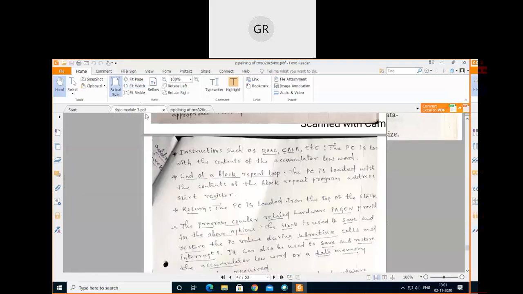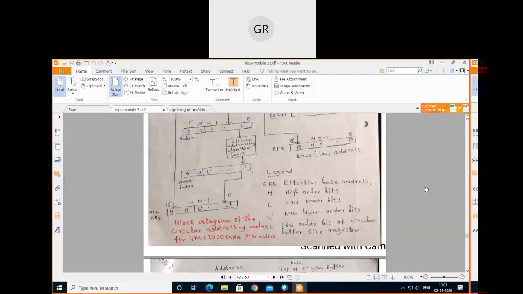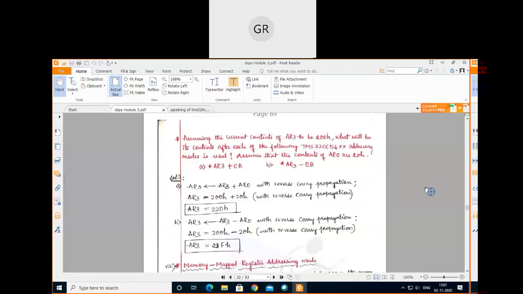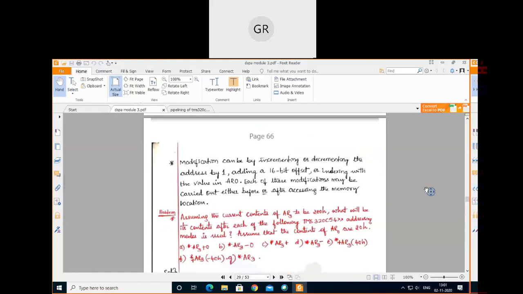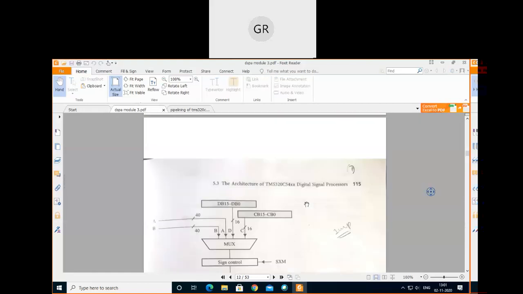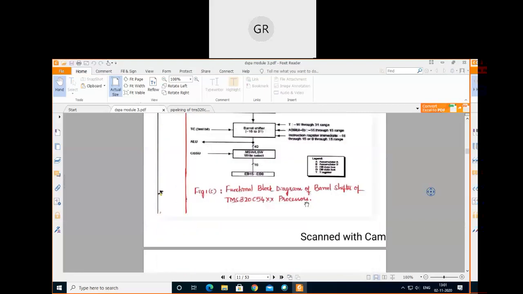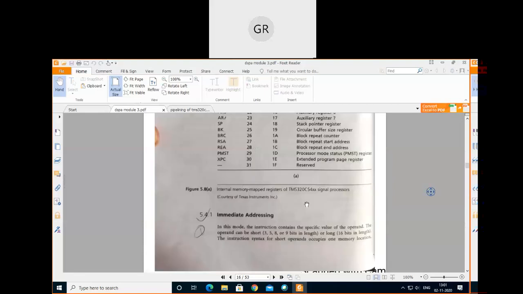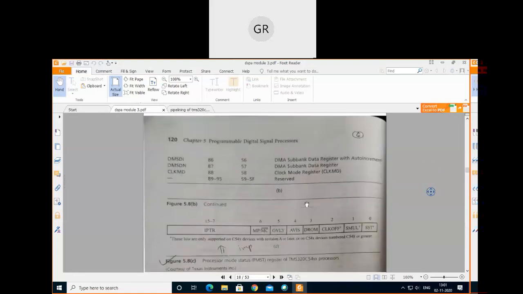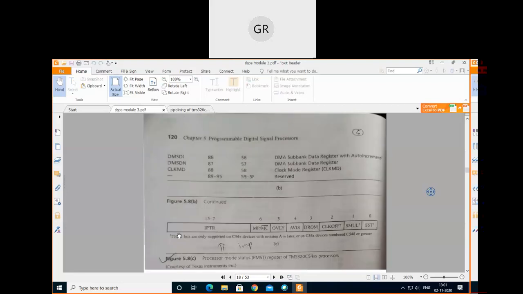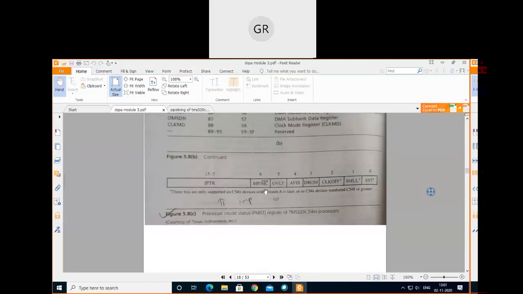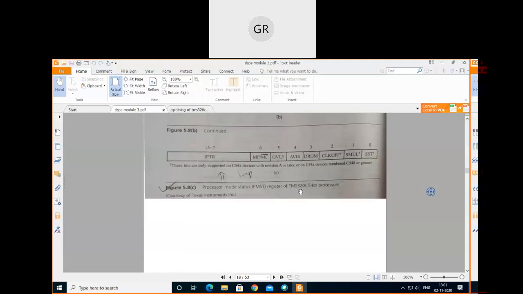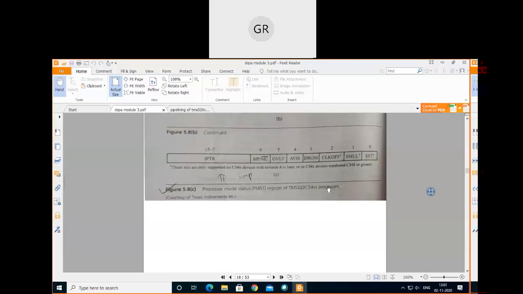Here we'll check it. I will show the PMST, the processor mode status register of the TMS320C54xx processor.